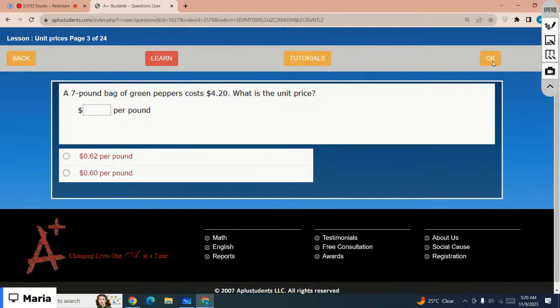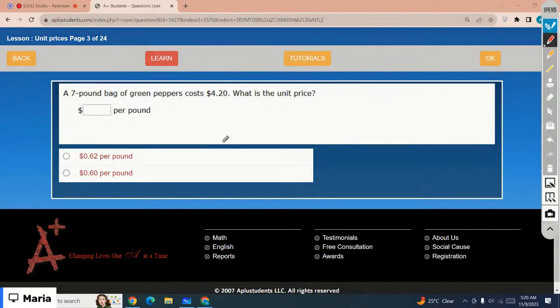You have to divide the total cost by the total weight, right? So the total cost is $4.20 and the weight is 7 pounds. So just divide 4.20 by 7. That would be the price per pound, right?